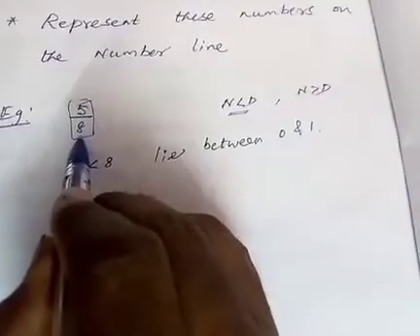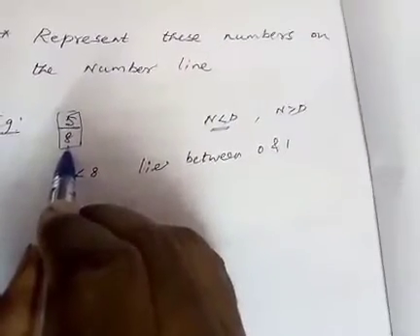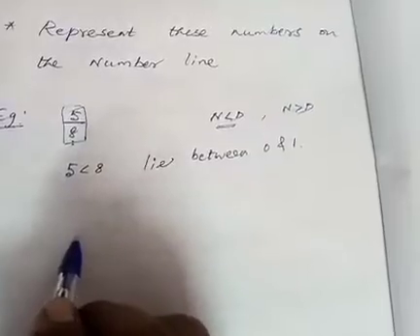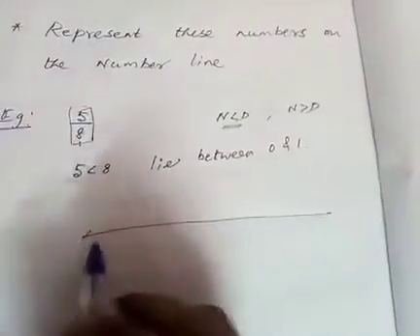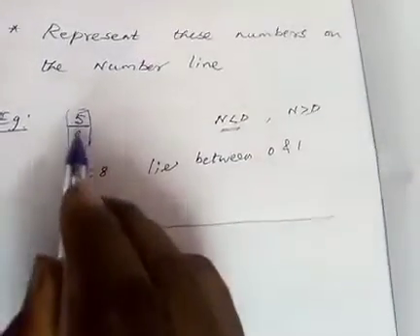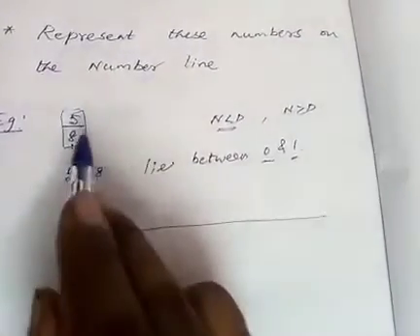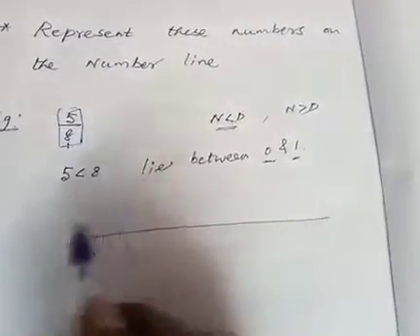Now 5 divided by 8: the denominator is 8, and the denominator tells us the number of equal parts. Now let me draw a number line. 0. So 5 divided by 8 means 8 equal parts, and it lies between 0 and 1. It is a positive rational number, so it will be on the right side of 0.